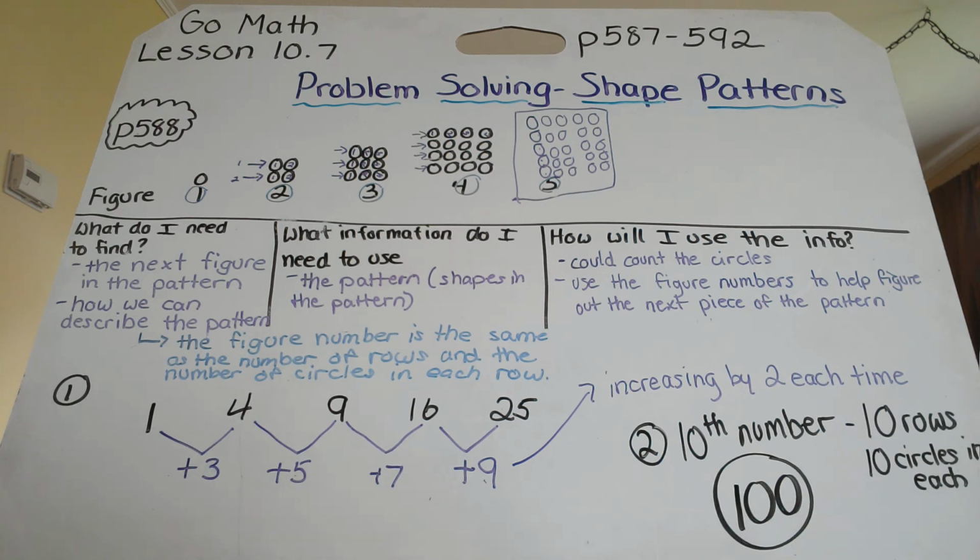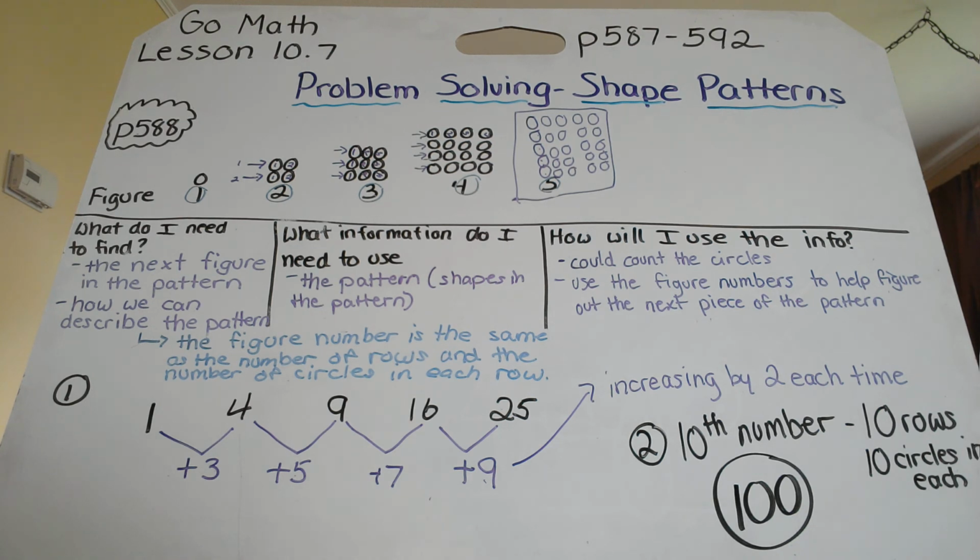And like normal, 591 and 592 are just doing different pattern questions where it wants you to tell us the next shape in a pattern. And number 3 on page 591 says find a pattern in your classroom. Describe and extend the pattern. Obviously, we're not in school, so see if you can find a pattern at home.